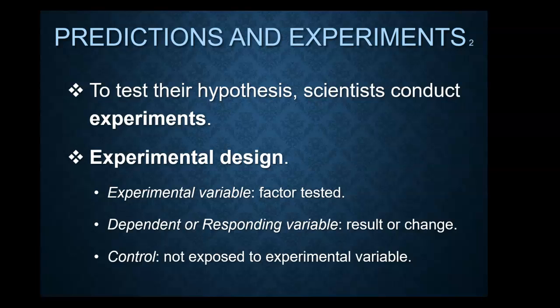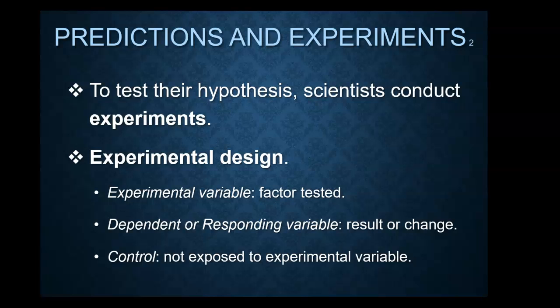Another word that we can use for experimental variable is independent variable, okay? That's the factor that's being tested. That's what the scientists can actually manipulate: the time, how much oil, how much of this or whatever. So that's the experimental variable.